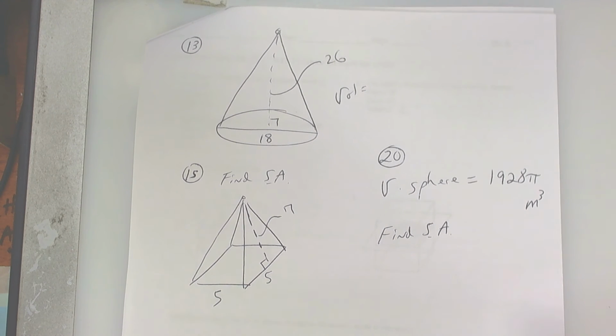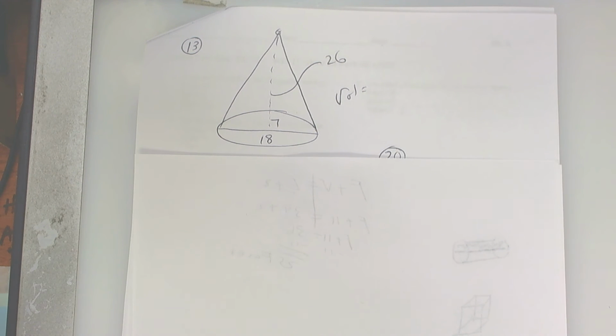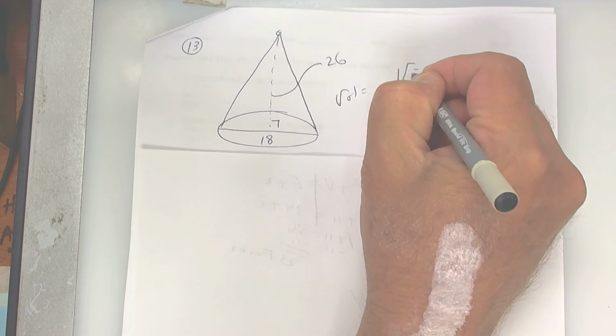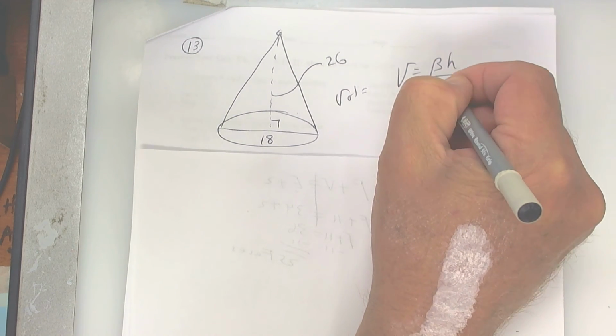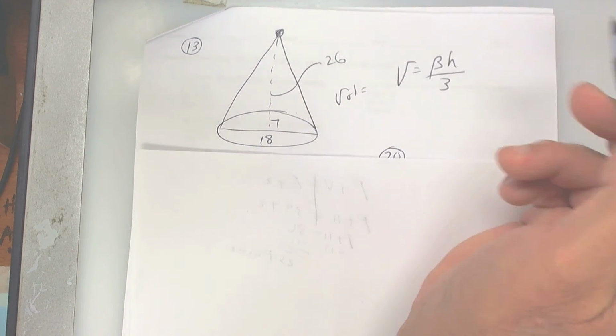Copy down number 13. All right, on number 13, you're going to find volume. Volume, it comes to a point. So put volume equals big B times H divided by 3 because it comes to a point.